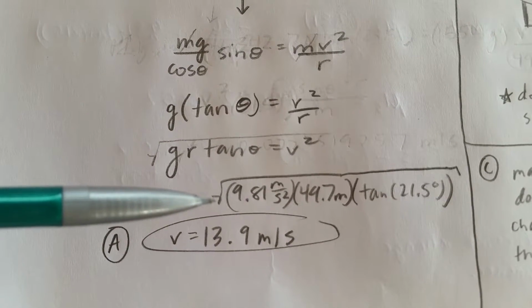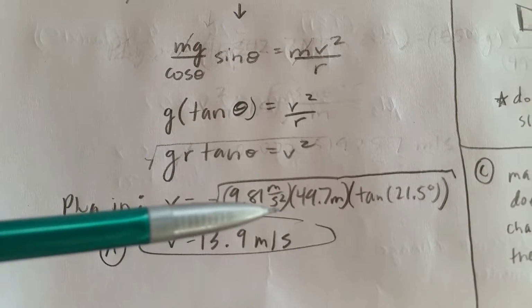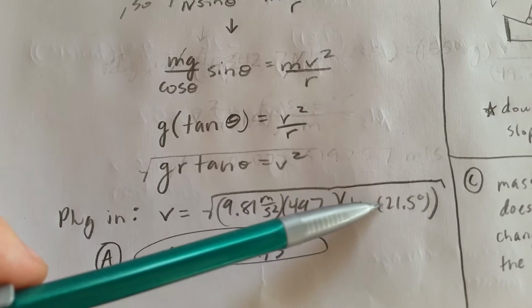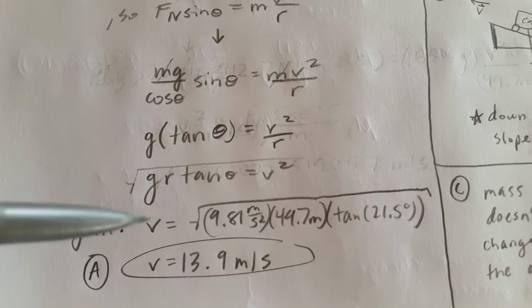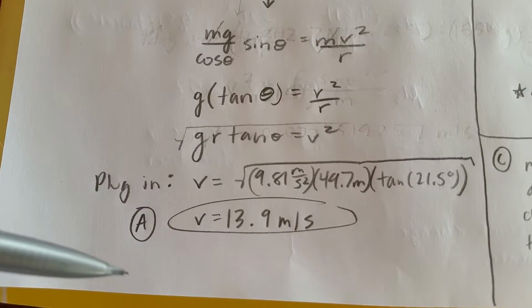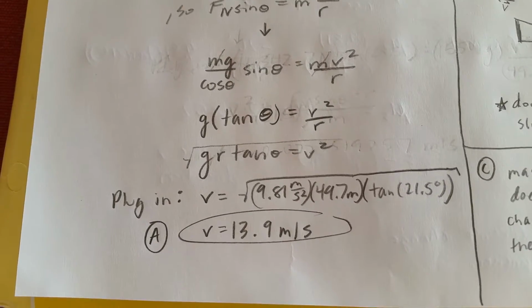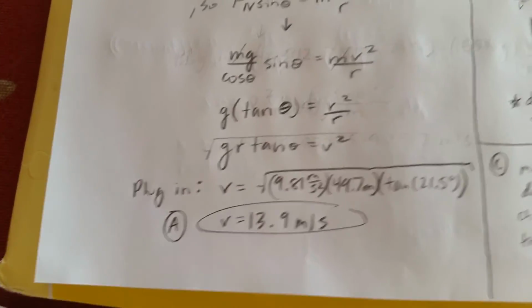So plugging in what I know, gravity is 9.81, the radius was 49.7 meters, and the tangent of the angle was 21.5 degrees, and you square root the whole thing and you end up getting the velocity, or it asks for the speed, is 13.9 meters per second, and that is for part A.